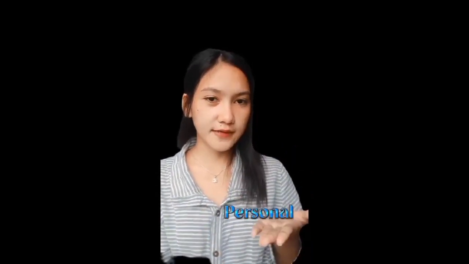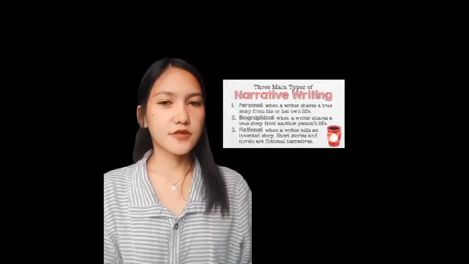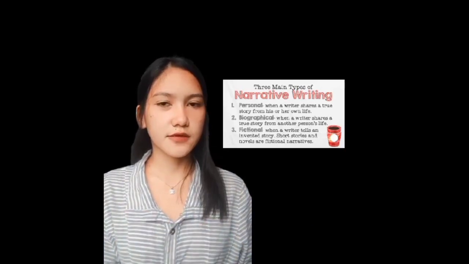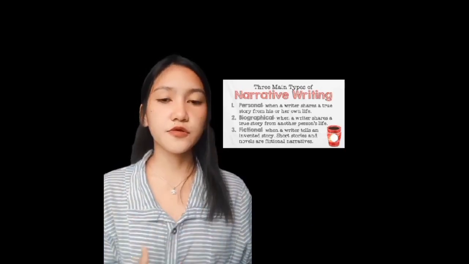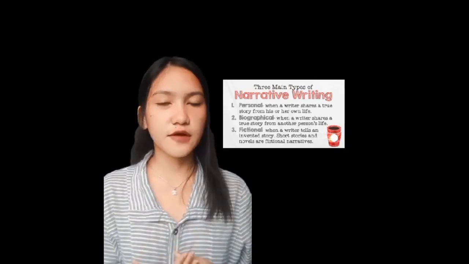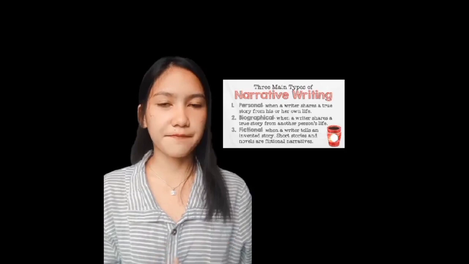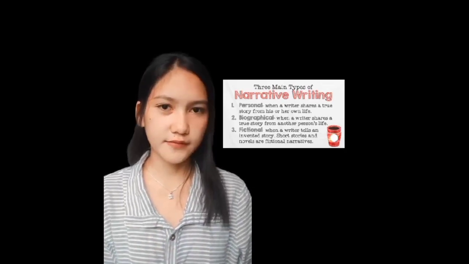So there are 3 main types of narrative writing, which are personal, biographical, and fictional. In personal, you tell the story to others of what happened in your own life. But make sure that when we create a personal story, it really happened in a real life situation.